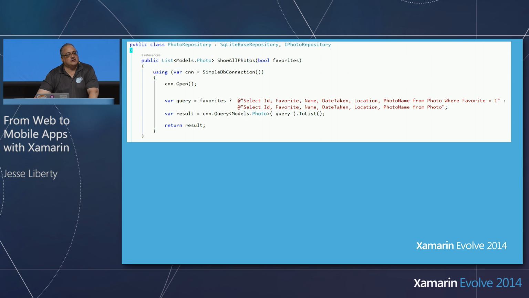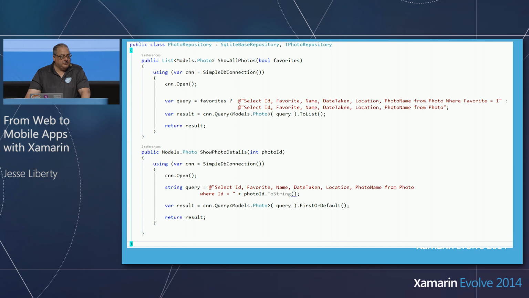We open a connection, we set up our query string, and we return either a collection of photos or an individual photo. So we start out with an ASP.NET MVC application that has nothing put into it to make it portable into Xamarin. It is a vanilla MVC application.